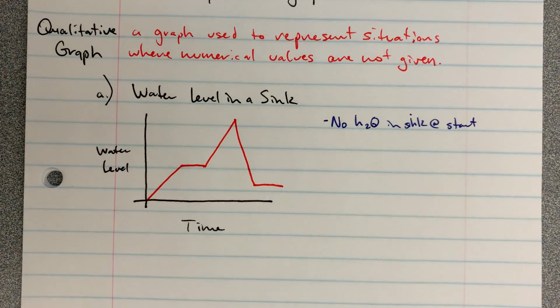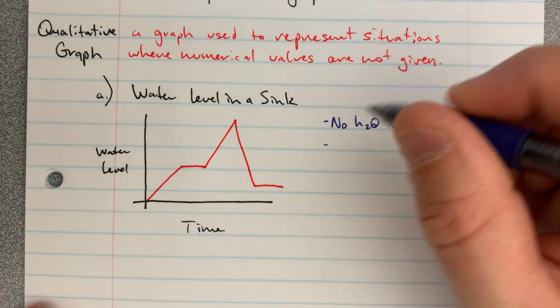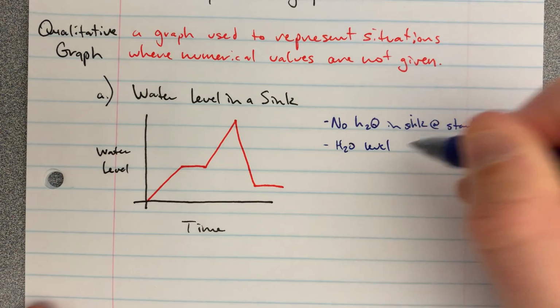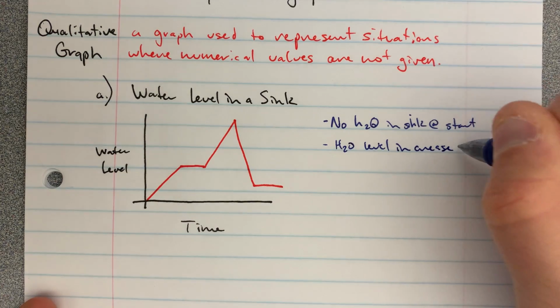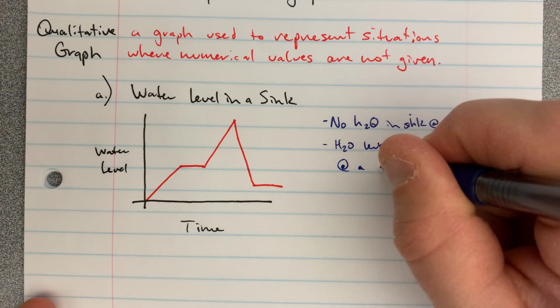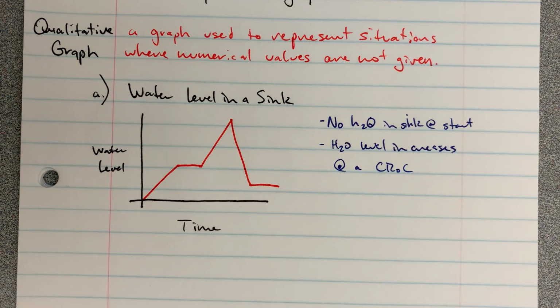Okay, so I know it's empty. From here to here, I notice that the water level, H2O level, increases. And since it's a straight line, it increases at a constant rate of change, which is important to note.